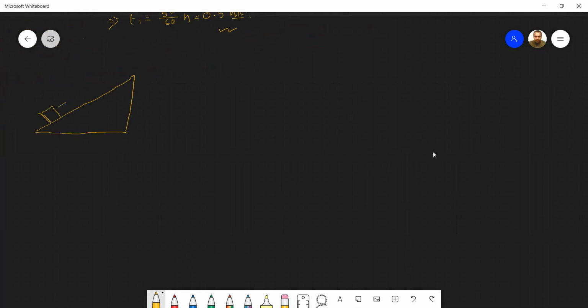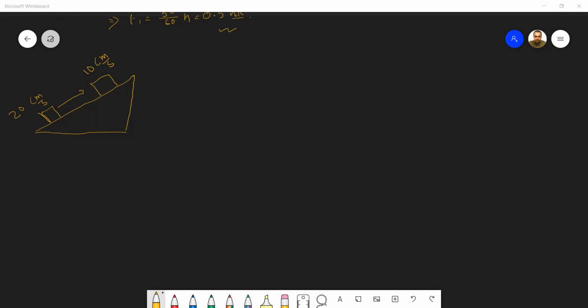So it goes up the inclined plane. It was initially moving with a speed of 20 centimeter per second, and later its speed decreases to 10 centimeter per second in 2 seconds.